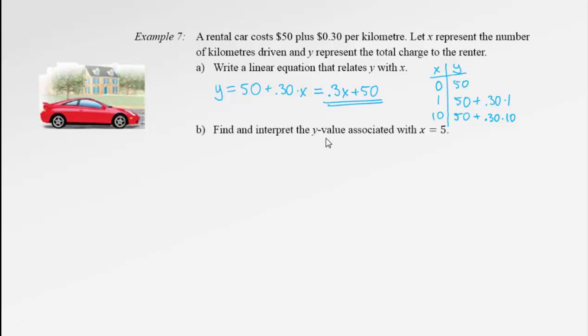Now find and interpret the y value associated with x equals 5. If x is 5, that means we replace x by 5, so the associated y will be 0.3 times 5 plus 50. That becomes 0.3 times 5 is 1.5, plus 50 is 51.5, so $51.50.